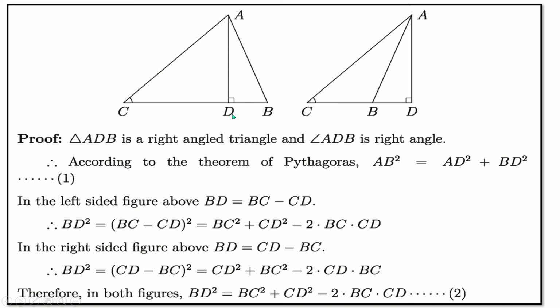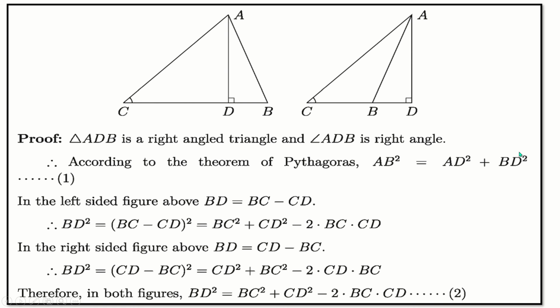But BD is equal to what? BD is equal to BC minus CD, and in this figure BD equals CD minus BC. Clear? But when we square, BC minus CD and CD minus BC will be the same, no problem.